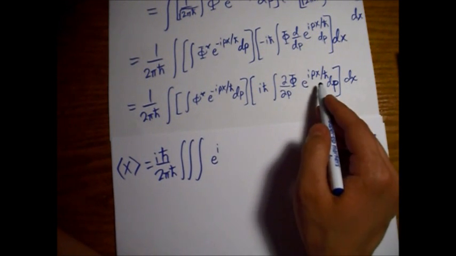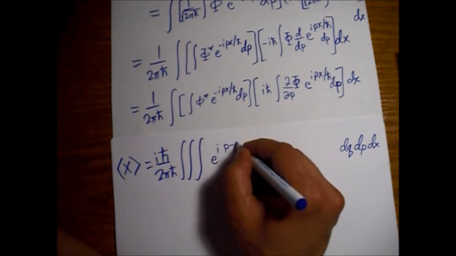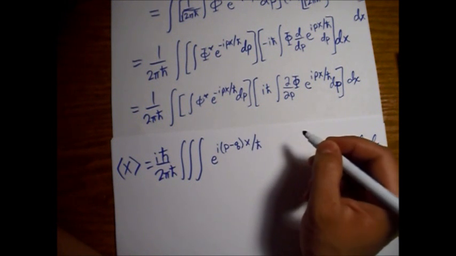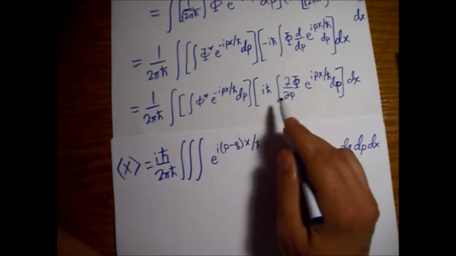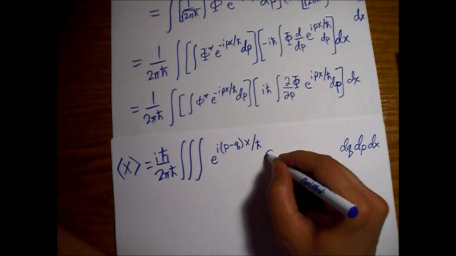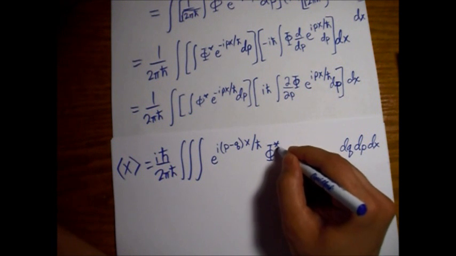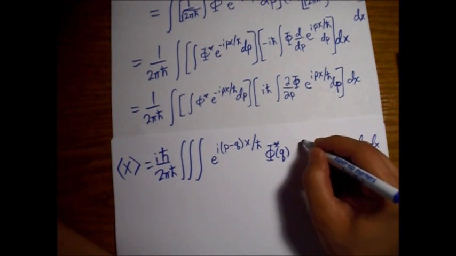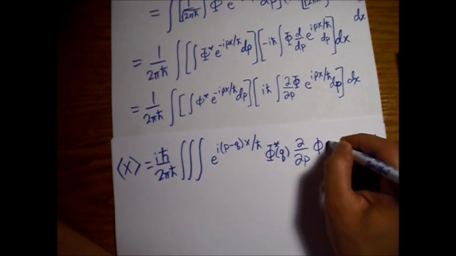This one, the p is positive and q is negative, so it's p minus q, x over ħ. Then all that we have left over is this, except I'm going to make this more explicit as a function of q, and then we have d by dp, and this one is a function of p.